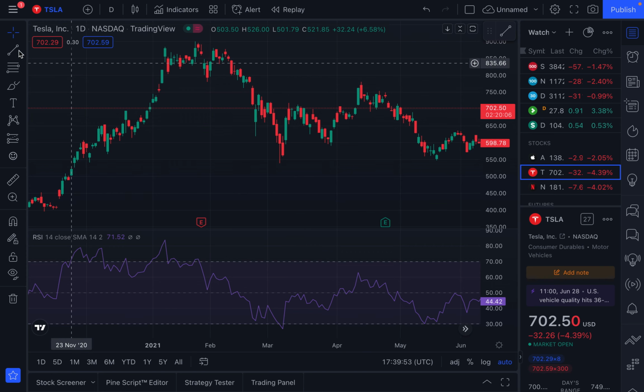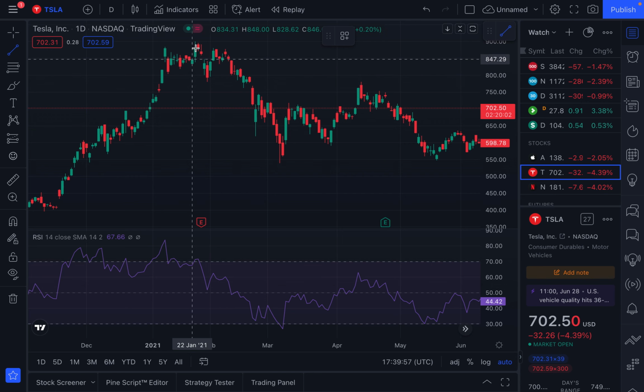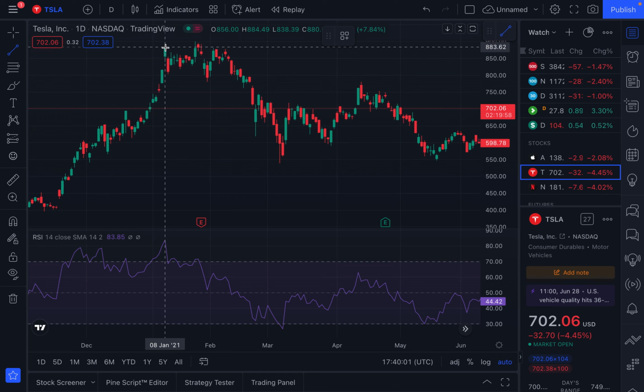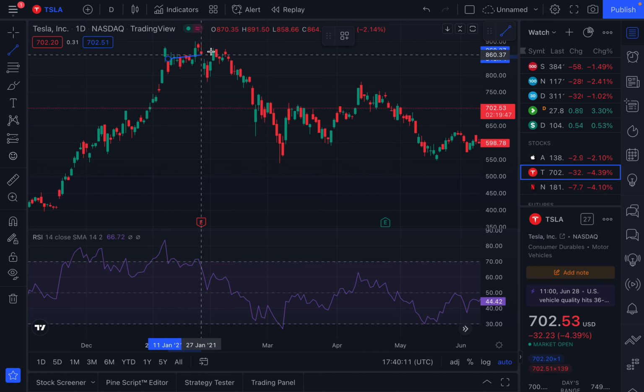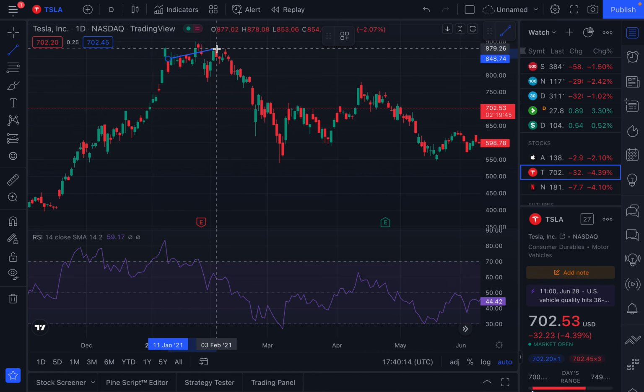Let me show you guys an example. I'm going to go to January 7th of 2021, which is right here. Notice what happened. Let me start here on January 11th. If I draw a line going like this, what do we see?